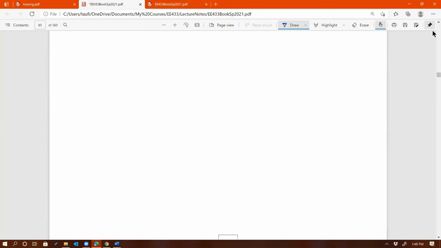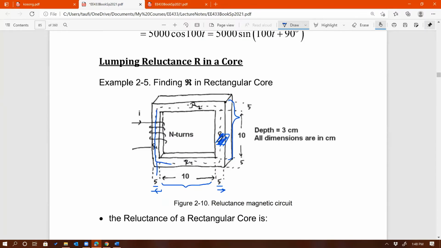Let's check. Yeah, so right here, that's an example of a cross-sectional area, right? The width is 5, and the depth is 3, so therefore the cross-sectional area is 5 by 3. So that's correct.